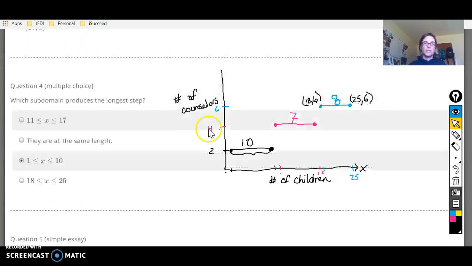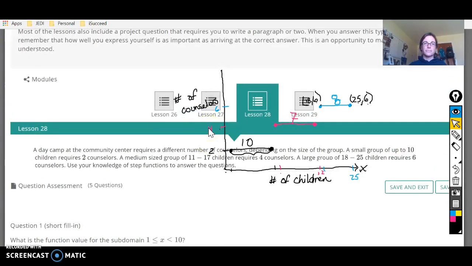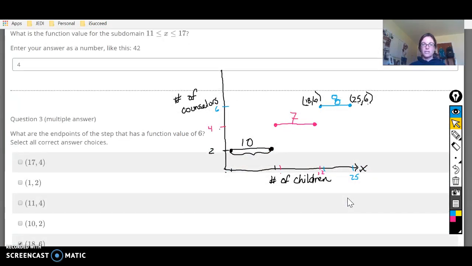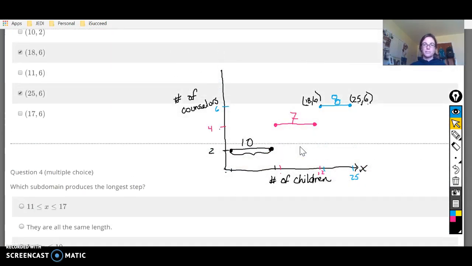If you go up here, the small group was up to 10, so that includes 10. The medium-sized group includes 11 to 17, and the large group includes 18 to 25. Those are all inclusive. They're the closed-in circles, as opposed to the up to but not including, which would be the open circle.